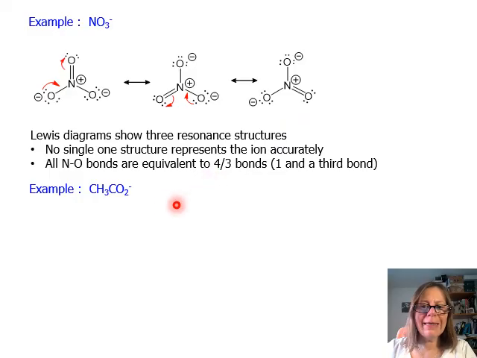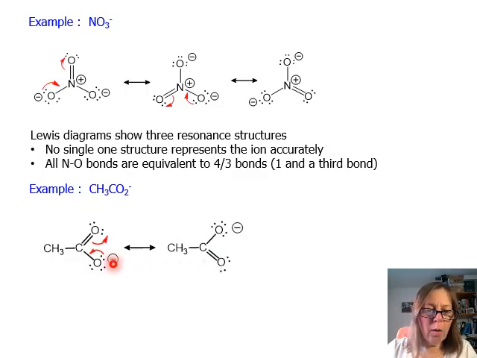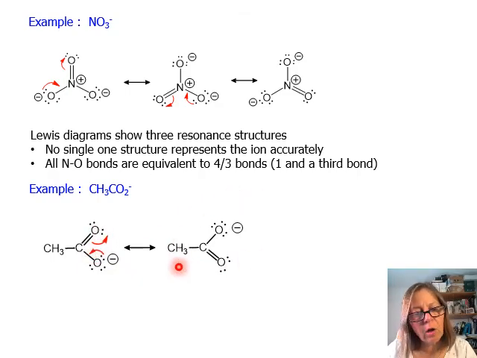Now let's look at the acetate ion, CH3CO2-. We can write a Lewis diagram for this ion here, but we can also write resonance structures. We can push and pull electrons, so we can write this other resonance structure for the acetate ion.